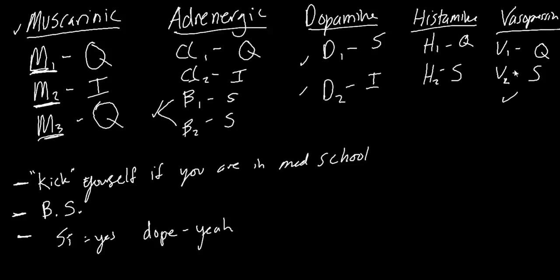Okay, I can tell you vasopressin. How are you going to remember vasopressin? Well, have you ever heard of Mount Vesuvius? Mount Vesuvius. It's in Naples, Italy. I believe that's how it's spelled. It's a volcano in Naples, Italy.